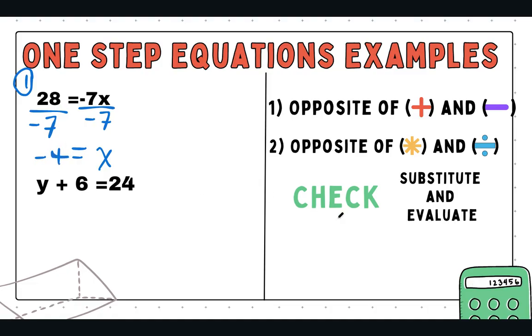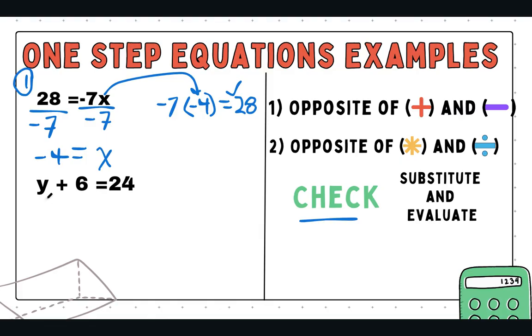And as always, we check our work. We replace our variable x with -4, and -4 times -7 is in fact equal to 28, confirming that we are correct.